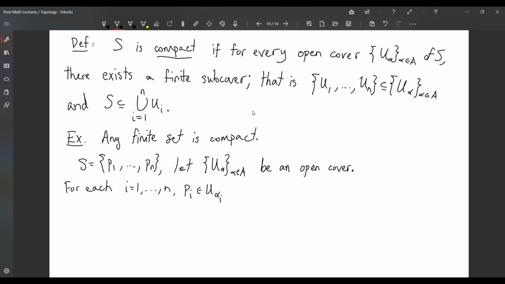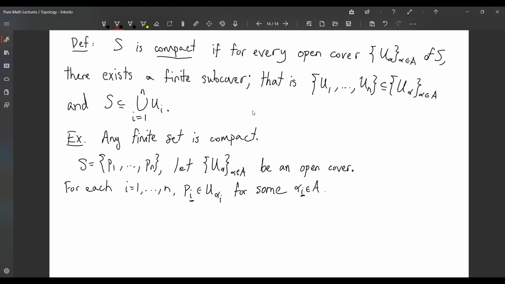Because if P sub i has to be contained in the union, it means it's contained in at least one of the U sub alphas, for some alpha sub i in A. And we're denoting it alpha sub i in correspondence to the i of the point, right?